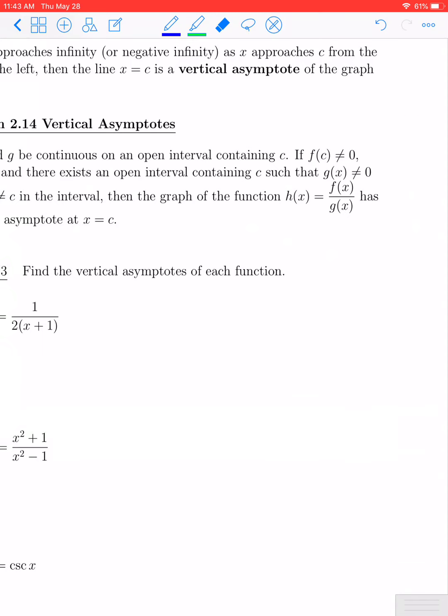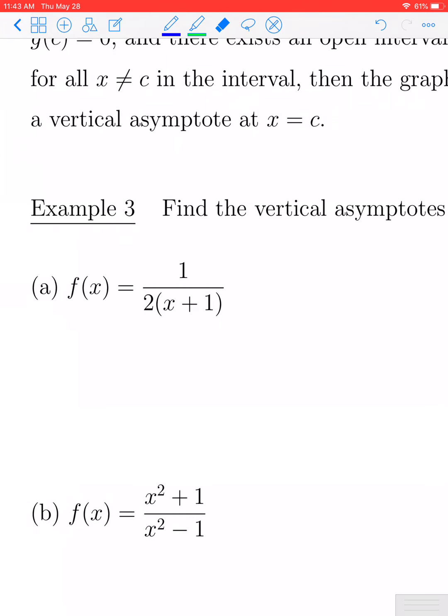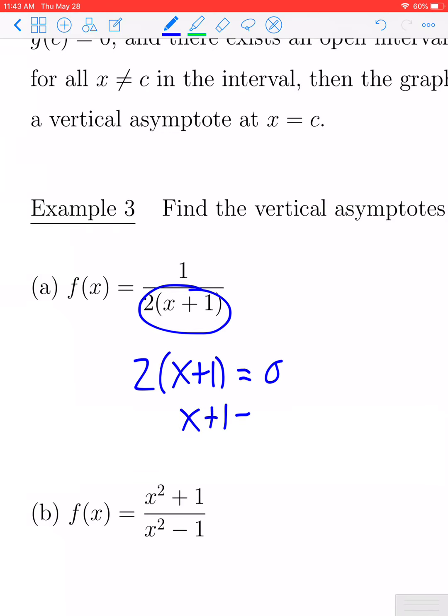So we're looking for the values that make the denominator 0, but also the numerator not simultaneously 0. If we want to find the vertical asymptotes of the function f of x equals 1 divided by 2 plus 2x, we would start by taking the denominator, setting the denominator equal to 0, and solving. We divide both sides by 2. We get 1 plus x equals 0.